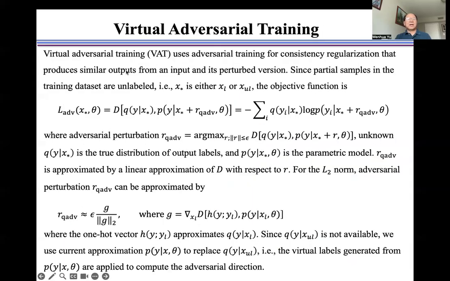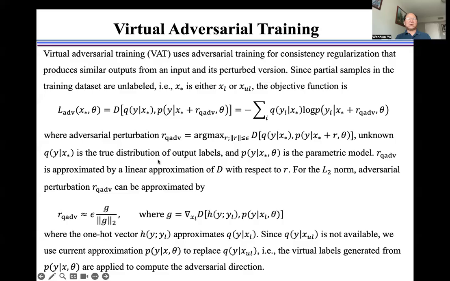Virtual adversarial training uses adversarial training for consistency regularization that produces similar outputs from the input and its perturbed version. Since the partial samples in the training dataset are unlabeled, namely x* is either x_l or x_ul, the objective function is defined as here, where adversarial perturbation r_qadv is calculated from this formulation.